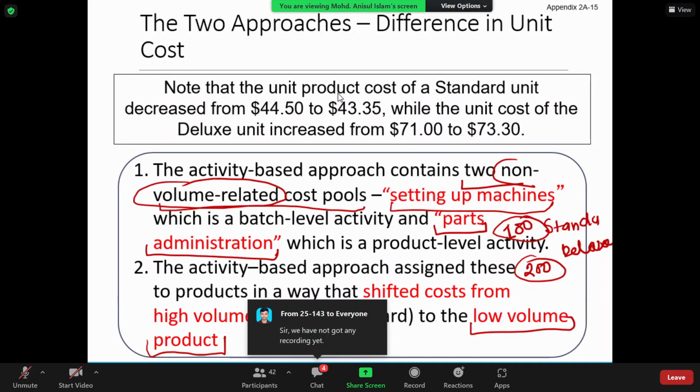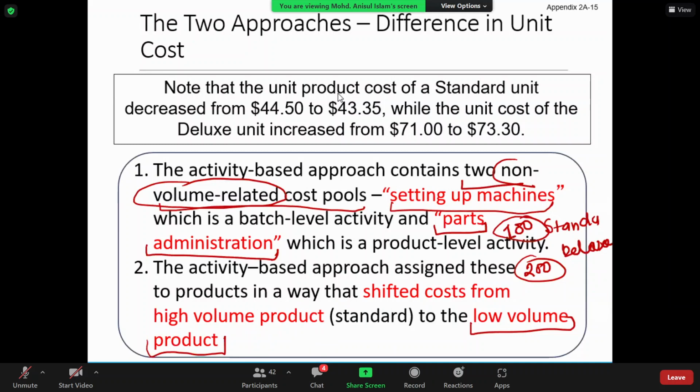Okay, sir, in the activity base, why have the differences occurred? Would you please repeat again? Okay, we see that there is a difference in the nature of the activities. Some activities are more related to setting up machine.